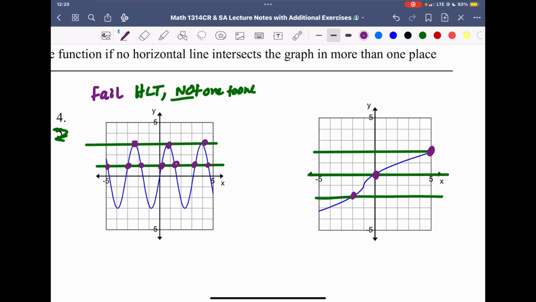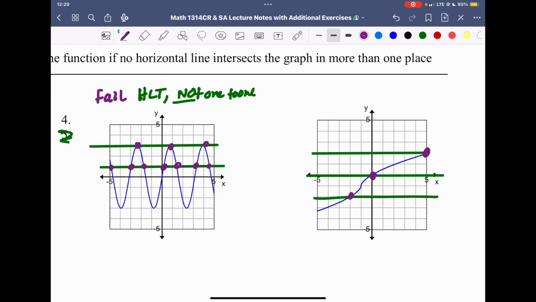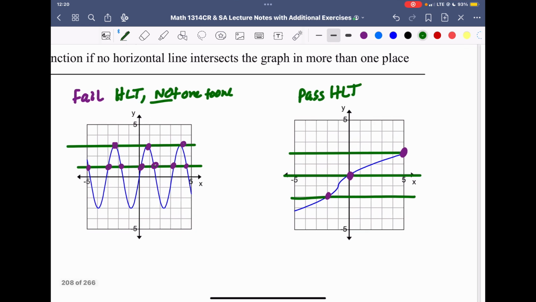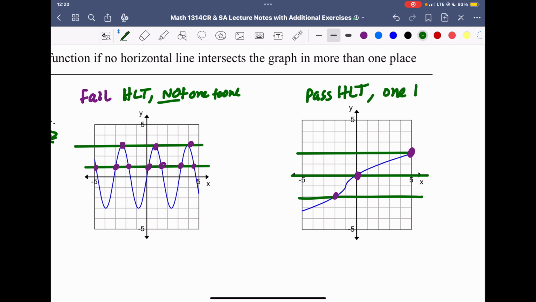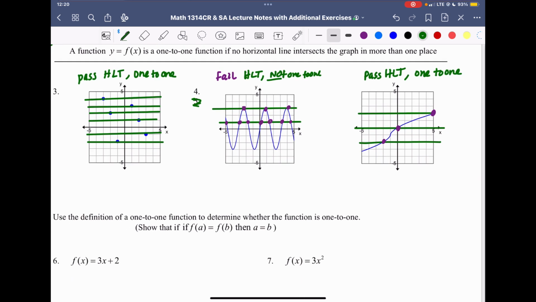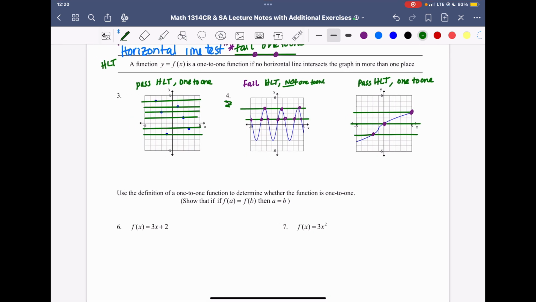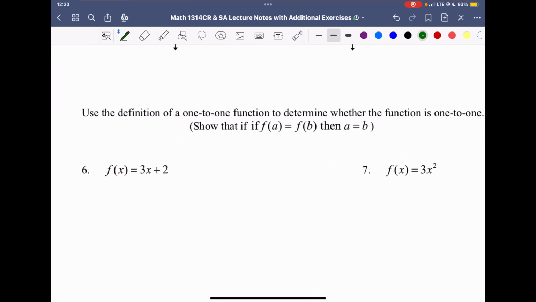So just by observing this, we can say that this is a pass of the horizontal line test, and this is one-to-one. Okay. Now, number 6 and 7, it says use a definition of one-to-one to determine if the function is one-to-one.